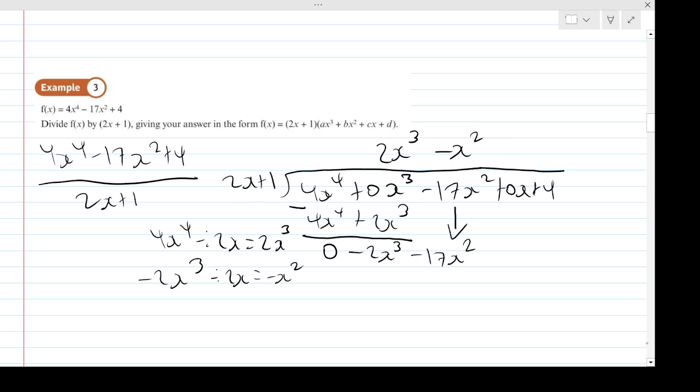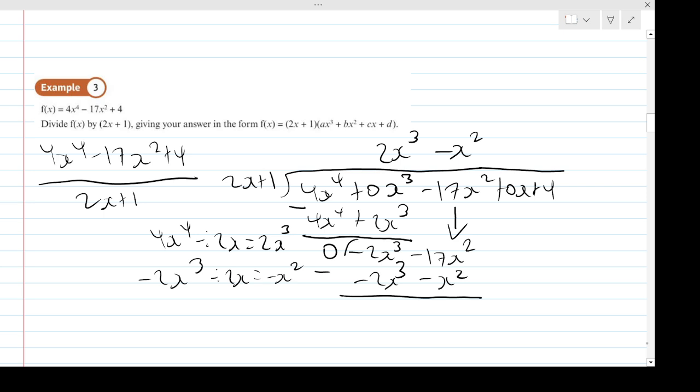So minus x squared times 2x, well that's going to be minus 2x cubed again. Then minus x squared times 1 is just minus x squared again. And then I'm going to take away the equations, okay?